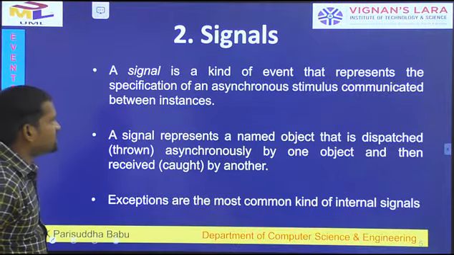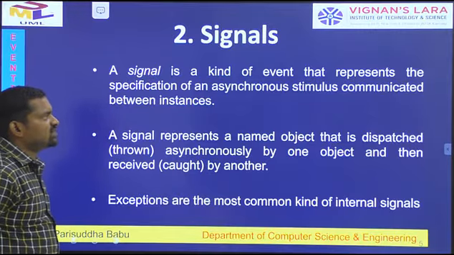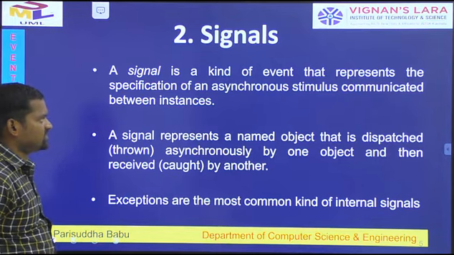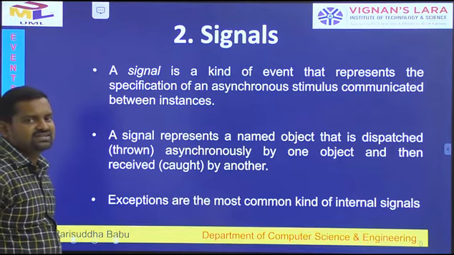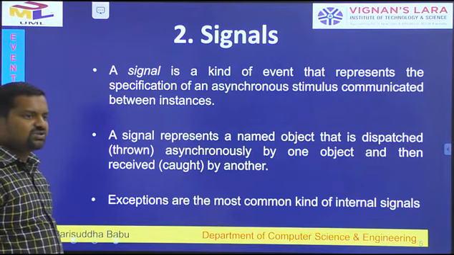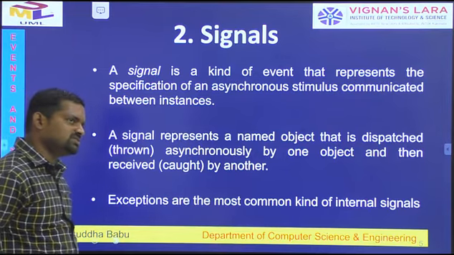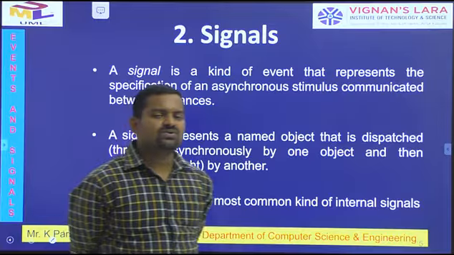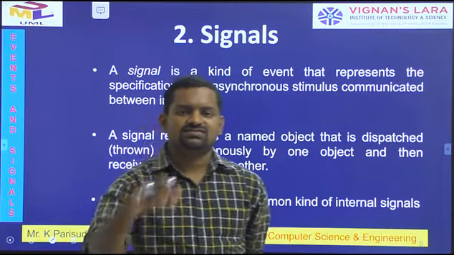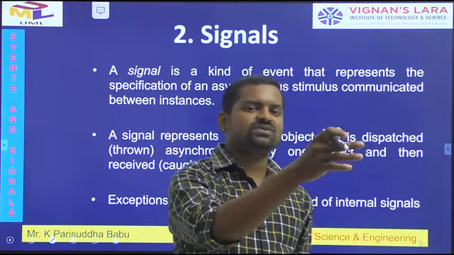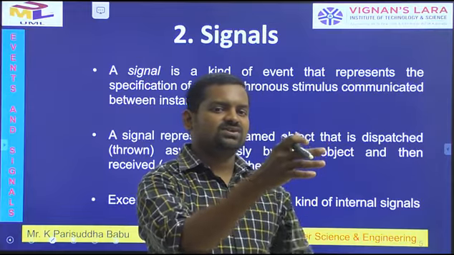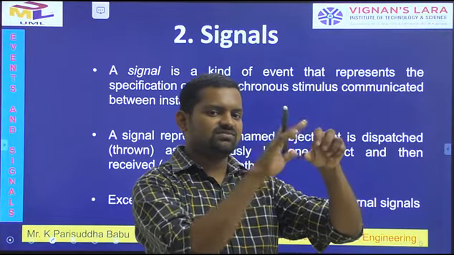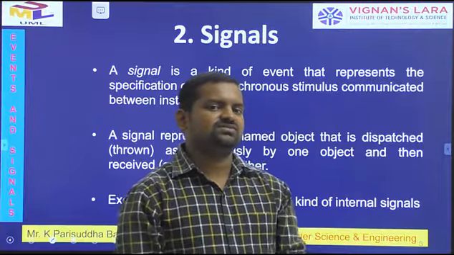A signal represents the specification of an asynchronous stimulus communicated between instances. Synchronous and asynchronous communications are there. Synchronous communication means the sender sends some information to the receiver, the receiver accepts that information, and after accepting it, may send some acknowledgement.